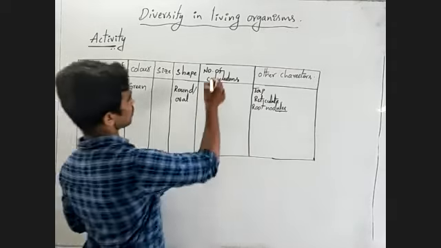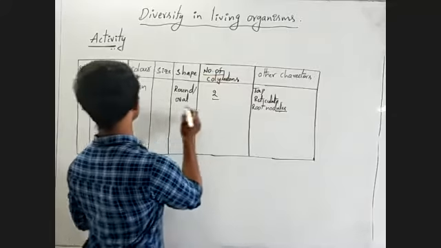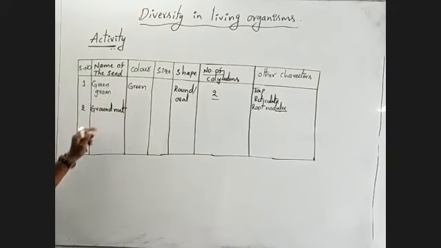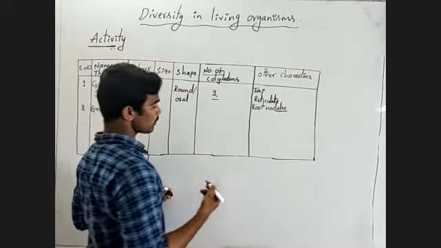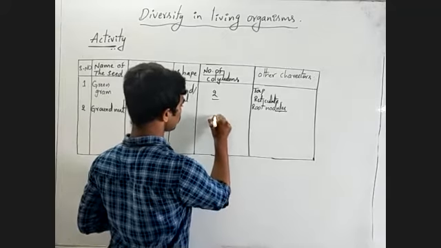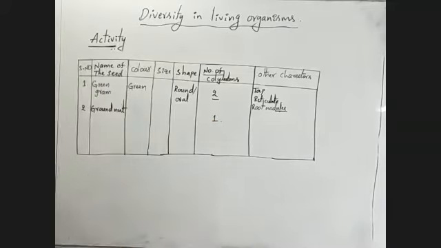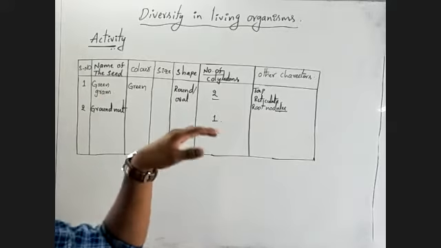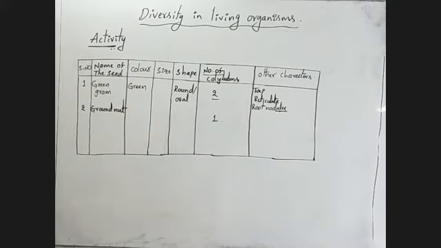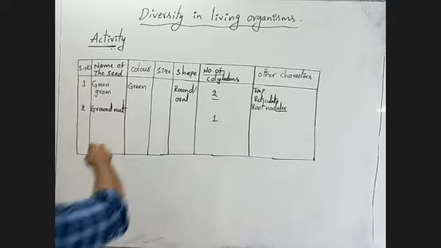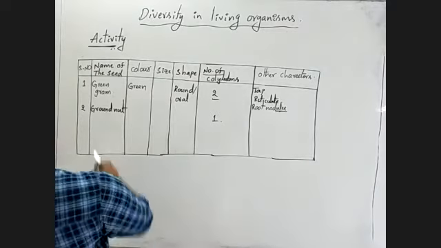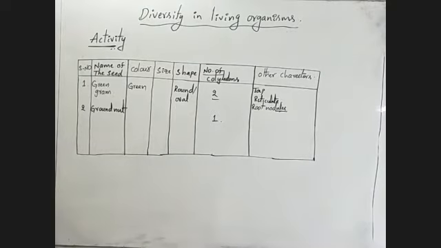Two cotyledons are present in green gram and groundnut. In grass, basra and rice, only one cotyledon is present. Like this, you have to perform this activity and write the characteristic features of those seeds in tabular form.